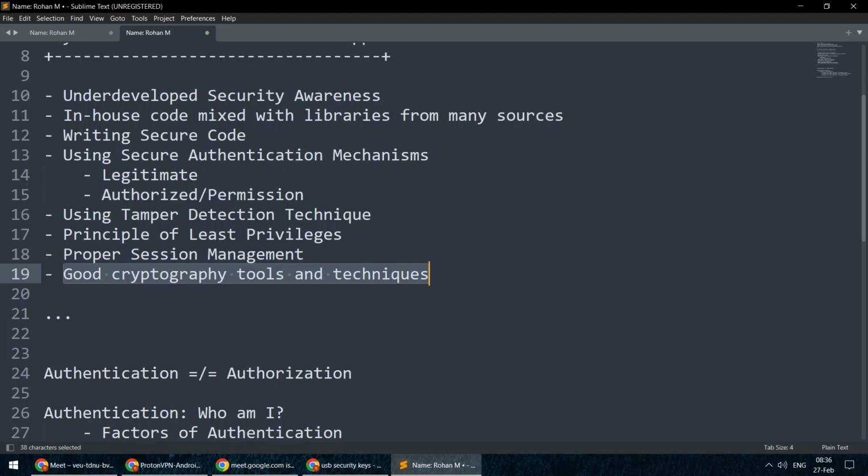This is possible. I have seen it. It might feel that it is not being done these days, but when you actually get into pen testing, you will see that these basic issues pose a great threat to security. So having good cryptography tools, having good, trusted encryption methods in place is very important for us.